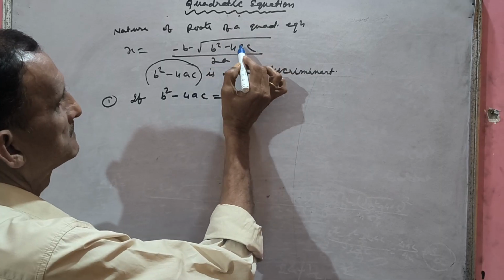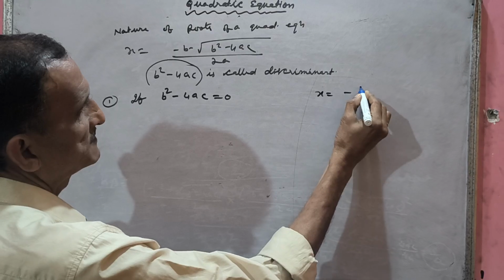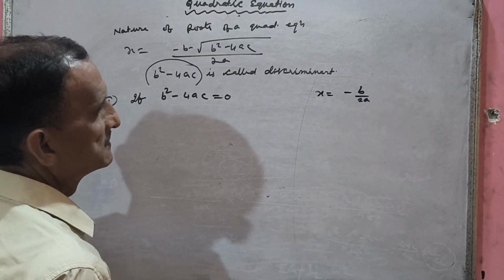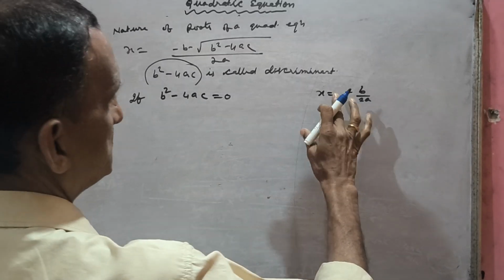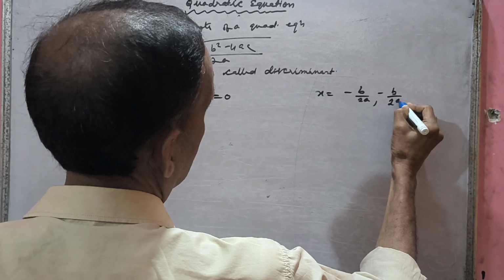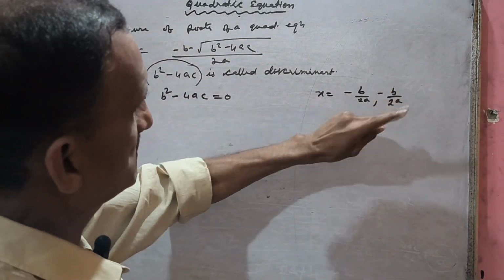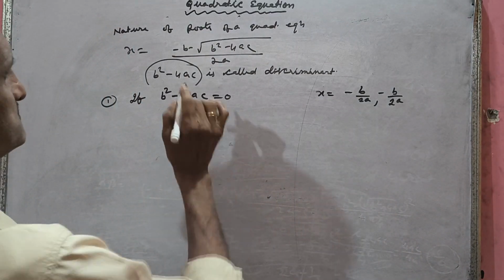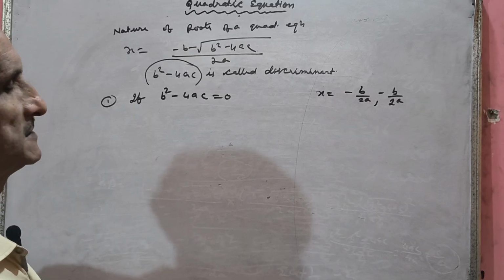Then what is left? x equal to only minus b by twice a. But you know a quadratic equation has exactly 2 roots. Here you have got only this one, so the same thing you have to repeat 2 times. The roots will be minus b by twice a, minus b by twice a.